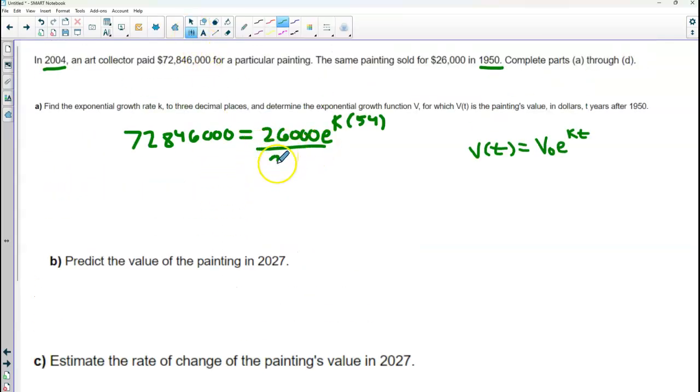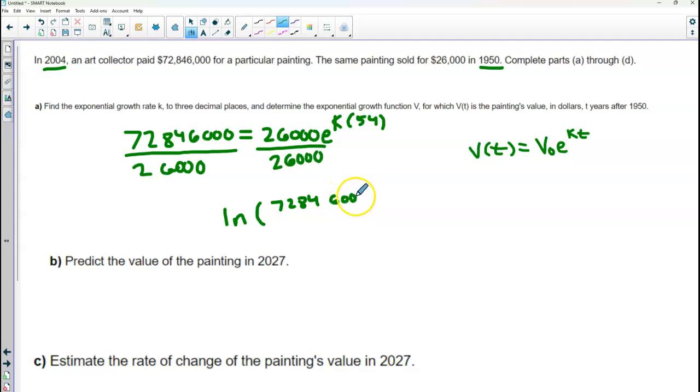So we're going to divide both sides by the 26,000 to get the exponential factor by itself. And then we will write this as a logarithm. Natural log of this ratio here over the 26,000 equals our exponent, which is 54k.